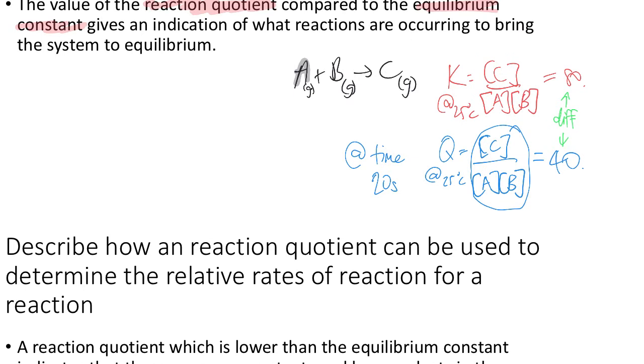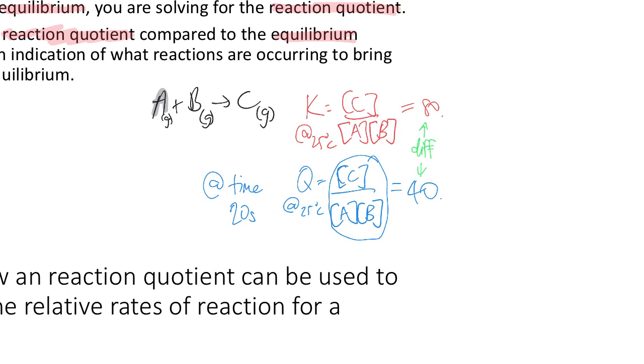If we've got 40 compared to 80, the idea is that it's lower than the equilibrium constant. If it's lower, that means that at this particular time there are more reactants and less products than at equilibrium.